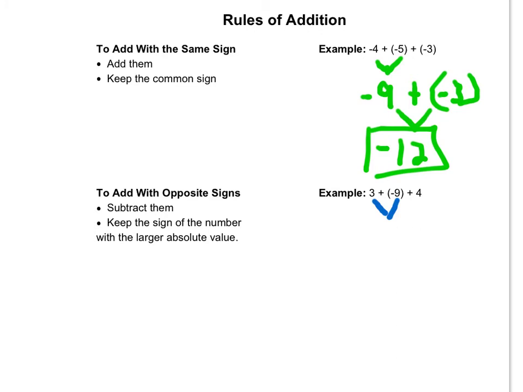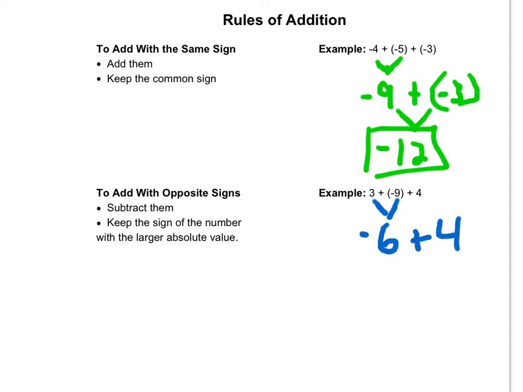I subtract them. 9 minus 3 is 6. Then I'm going to keep the sign of the number with a larger absolute value. So I'm going to keep the sign of the number that's farthest away from 0. Well, what's farthest away from 0? 3 or -9? -9 is farthest away from 0, so I'm going to keep the negative sign with it.